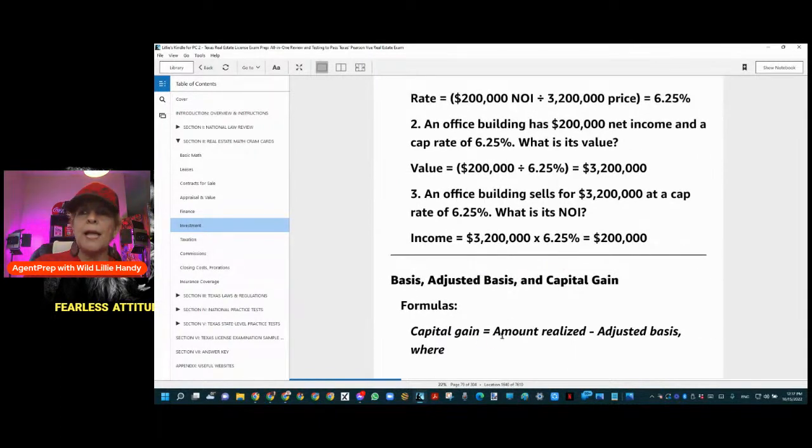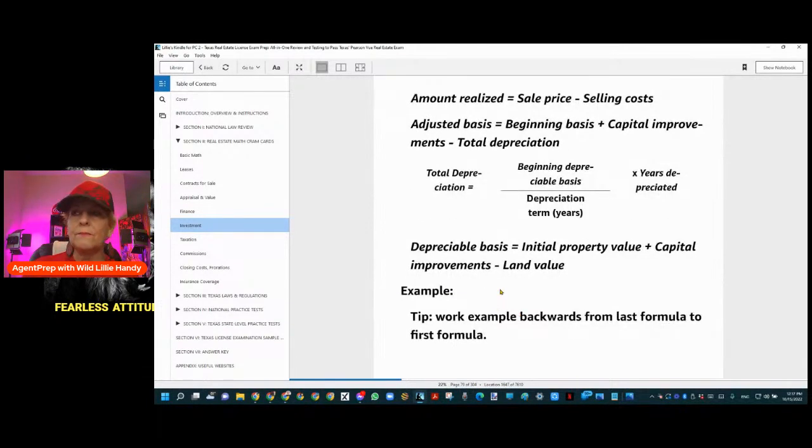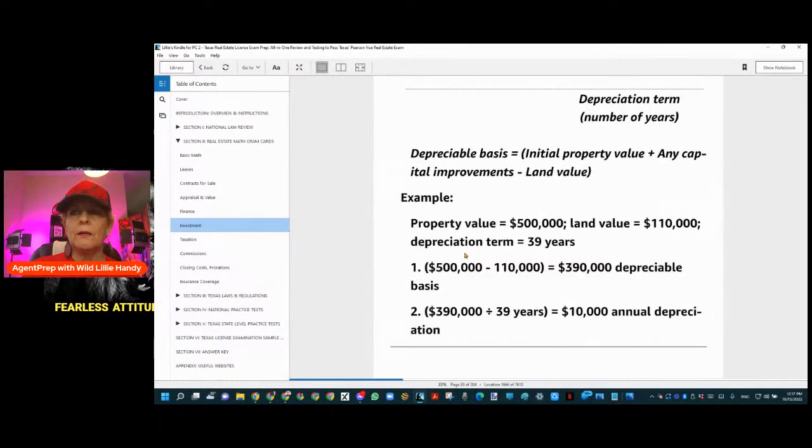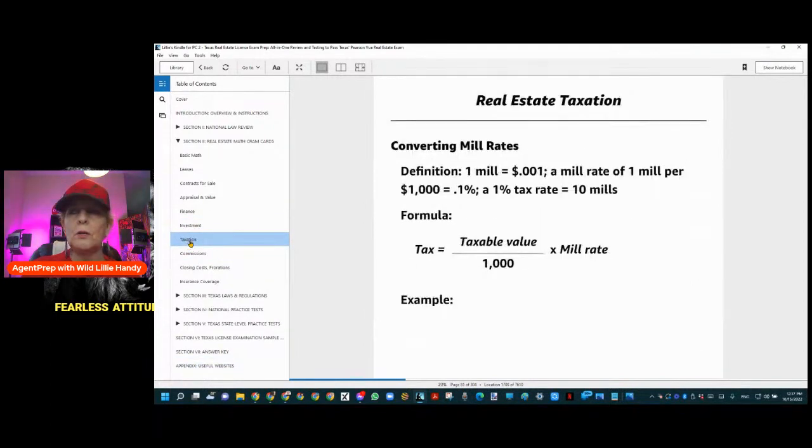Okay, the capital gain, the basis, adjusted basis, capital gains. So an adjusted basis, you're taking beginning basis plus capital improvements minus total depreciation. Go and learn these formulas, okay? Because you just don't know when you're going to have some or not.